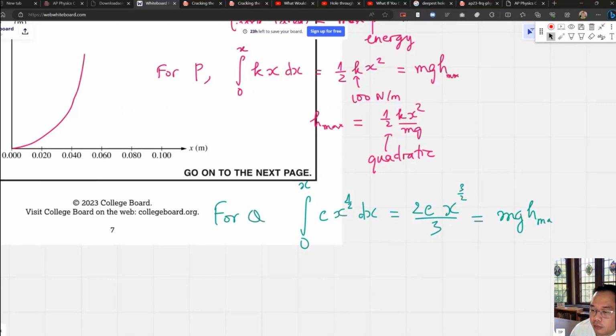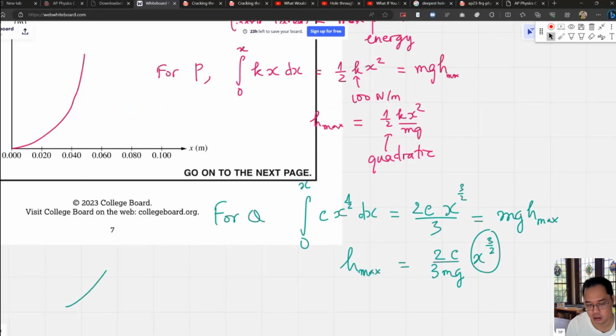So h max here is 2c over 3mg times x to the power 3/2. So this is a power function, and you need to use a graphing calculator to find the form of this function. I don't remember exactly how it looks. Probably the power 3/2 is less than 2, and therefore it is lower, right?